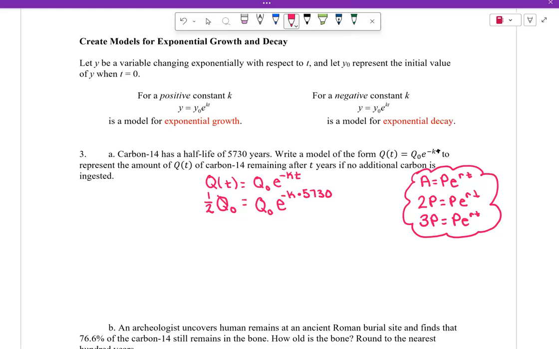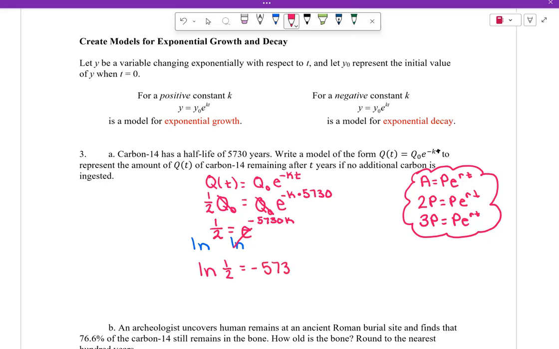So if you notice, these will cancel. So you're left with 1/2 equals e to the negative. And of course, we don't write things like that, so I'm going to flip-flop it. Okay, and so now the e is exposed, so we can do natural log. So we're going to have natural log of 1/2. Those cancel.